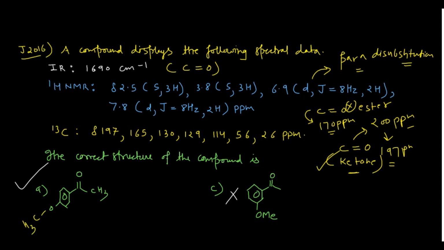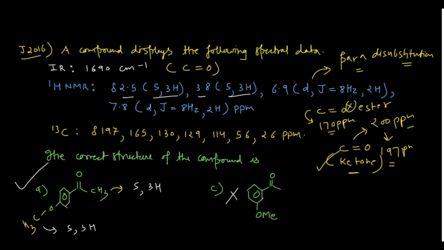So this will give you a singlet corresponding to 3 protons, and this will again give you a singlet corresponding to 3H. So in the question we should have two 3-proton singlets: one at 2.5 ppm and one at 3.8 ppm. Now you have to decide which one is which.